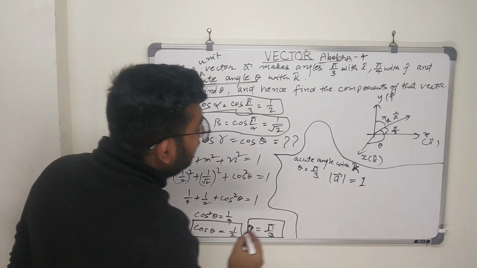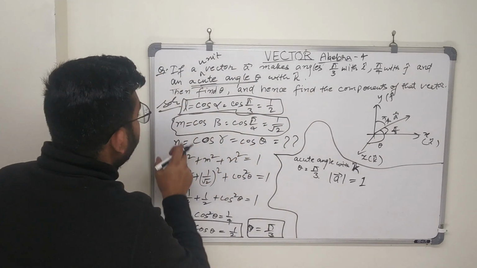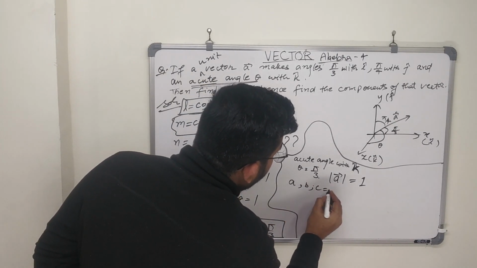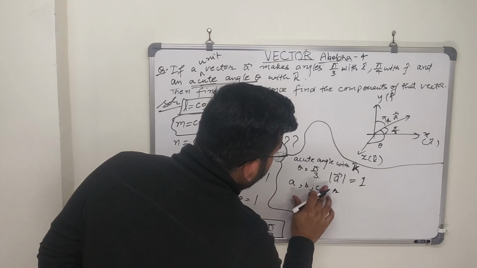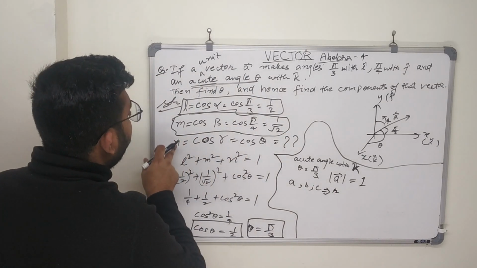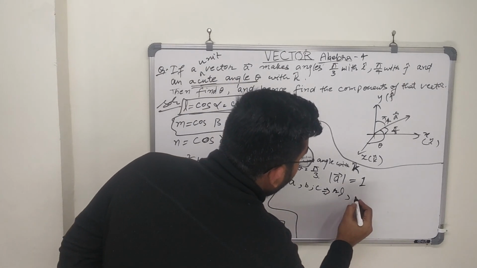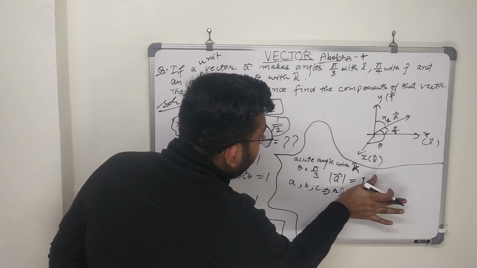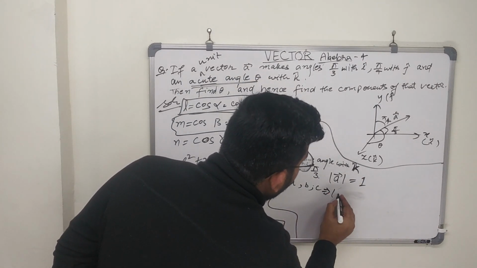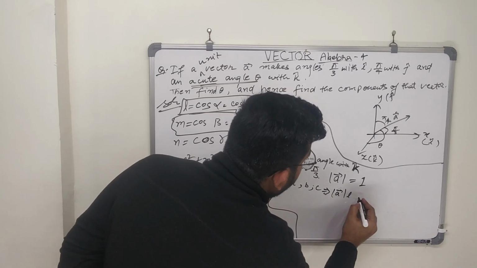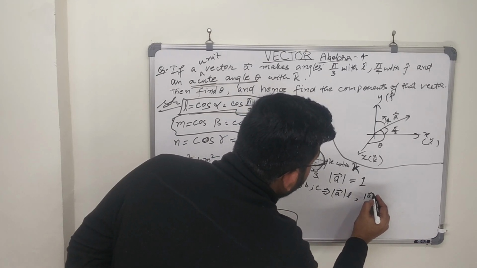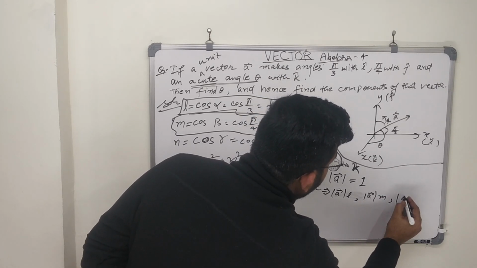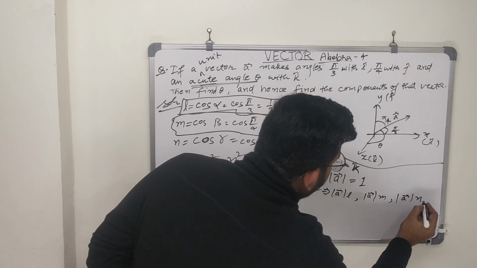So we can say that the direction ratios in this case, a comma b comma c, will be equal to r times l, m and n, that is r l comma r m comma r n, that is magnitude of A vector into l, magnitude of A vector into m and magnitude of A vector into n.